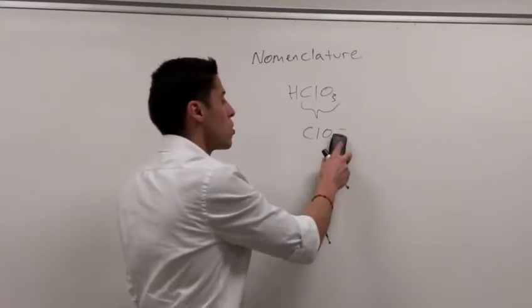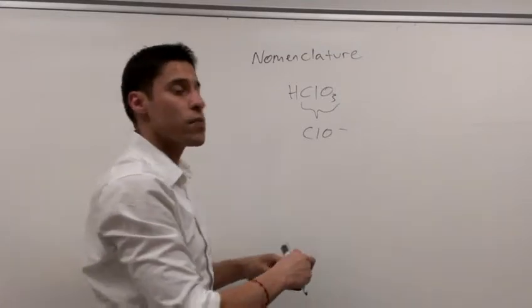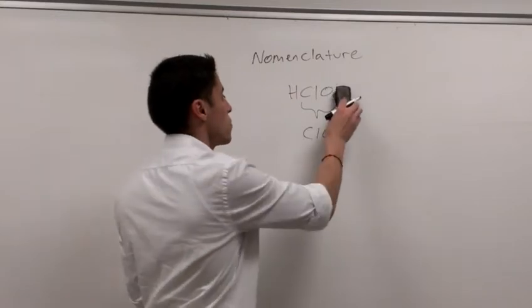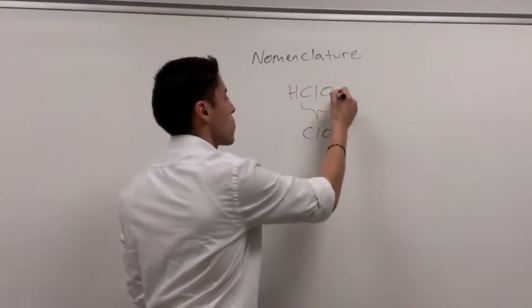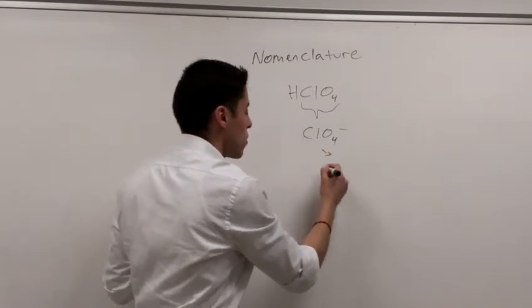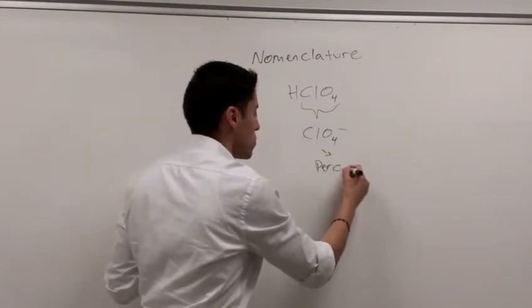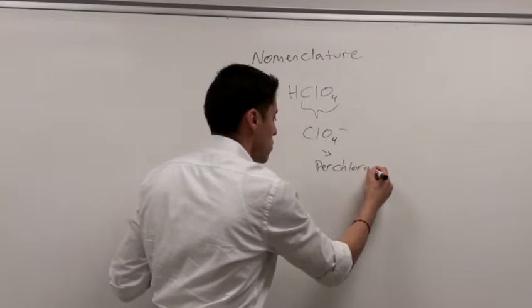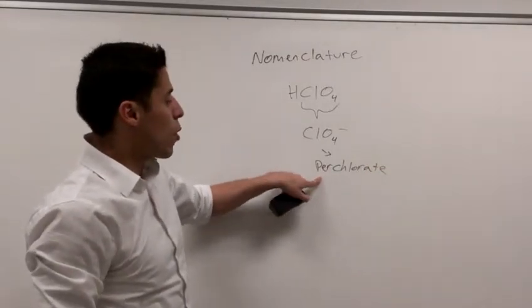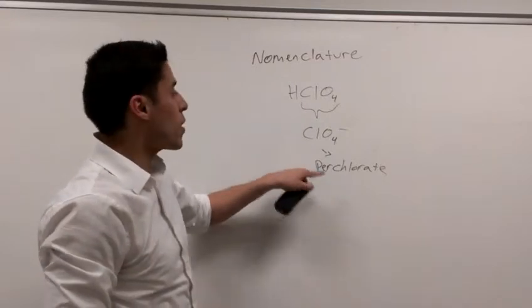If we were to increase the oxygen to 4, we have perchlorate. See, now we have a prefix in front of the chlorate.